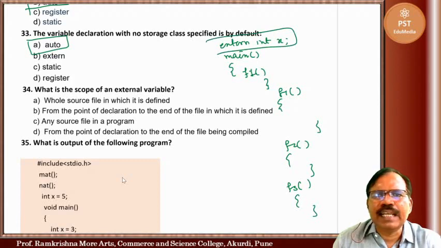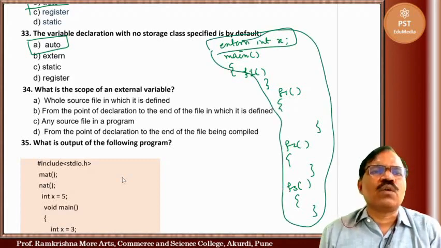The scope of this int x is everywhere. That's why it is also called a global variable.